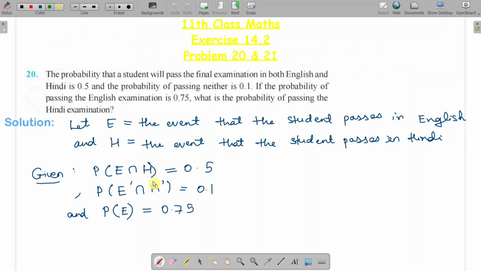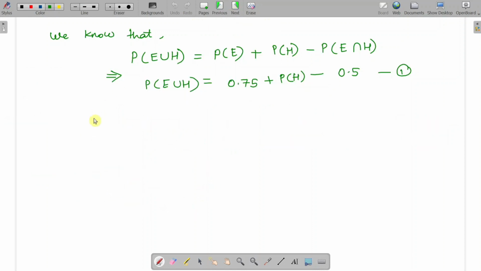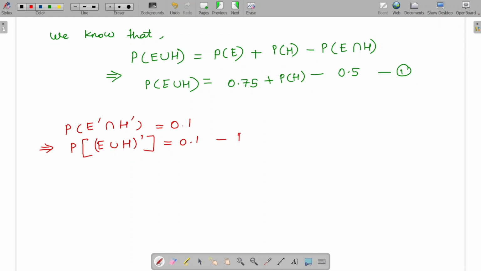For that we have to use this second given. That means probability of E complement intersection H complement is given as 0.1, right? So this implies, by De Morgan's law, E complement intersection H complement will be nothing but E union H the whole complement, which is equal to 0.1.